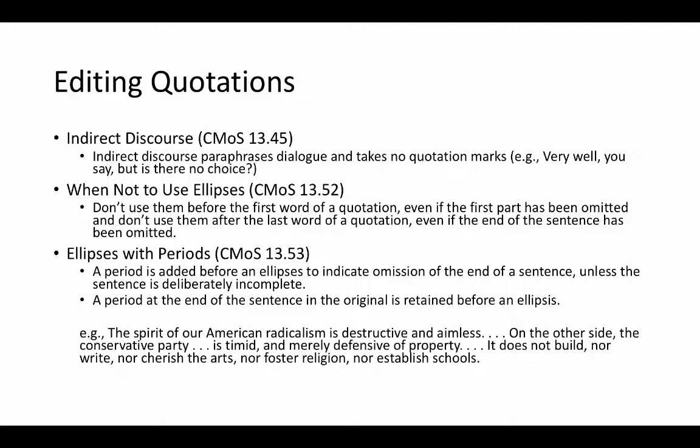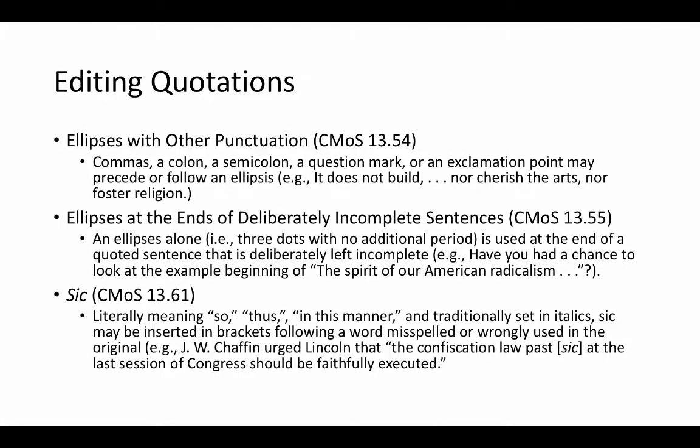That is not a sentence, but the first part was an independent sentence, so it did need an additional dot. So you can sense it's a matter of whether there's a complete sentence or not, whether you need four or three. For other punctuation like commas, colons, semicolons, question marks, or exclamation points, they can come before or after an ellipsis. It just depends on the sentence.